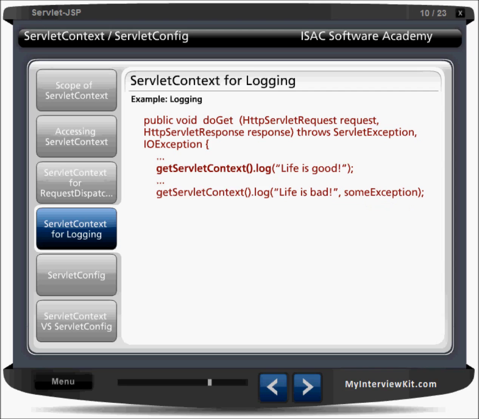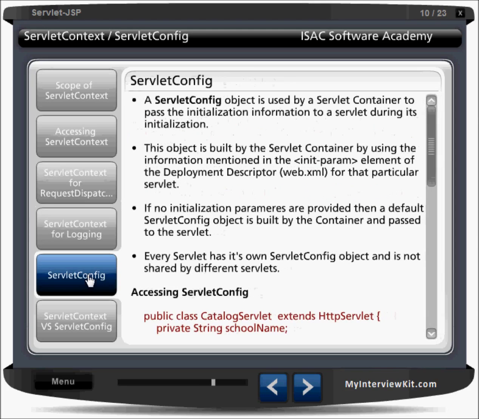Now next is the ServletConfig. As I said, ServletConfig is used to represent servlet configuration, and let us say there is some init parameter for the servlet, and we can retrieve that init parameter of the servlet from the web.xml to my servlet, right?